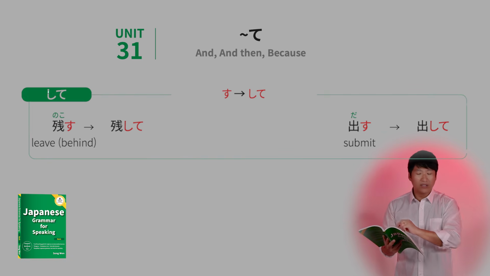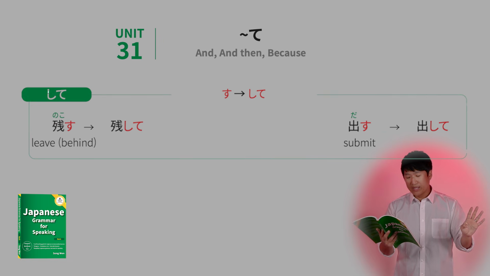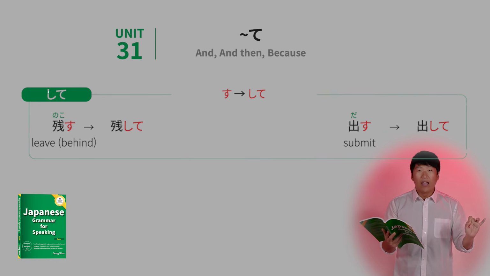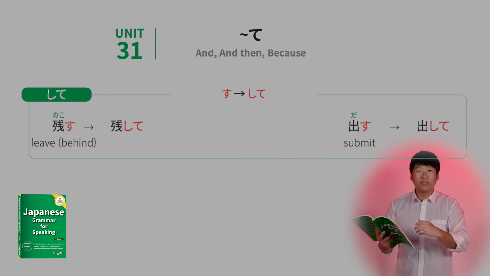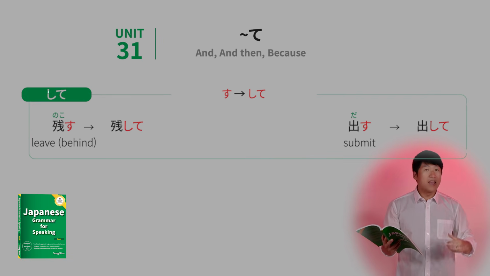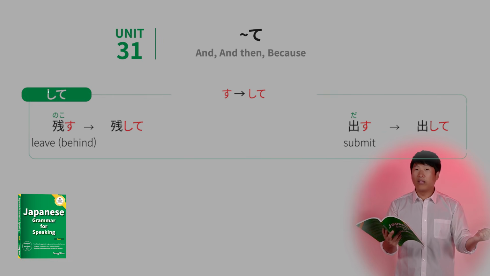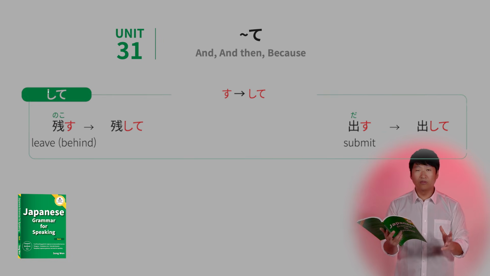Su becomes shite. So, nokosu, nokoshite. Dasu, dashite. I'm not saying only these words become like this. Every other word that ends with ku, gu, nu, mu, bu, tsu, su, they all work like this. This is the rule. This is the grammar.